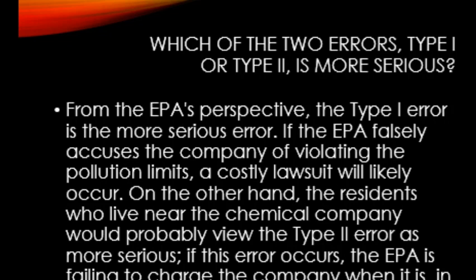On the other hand, a resident who lives nearby that chemical company would probably view type 2 error as being more serious. But like I said, type 2 we will try to improve by picking a larger sample. In type 1, we will make sure we limit that probability.